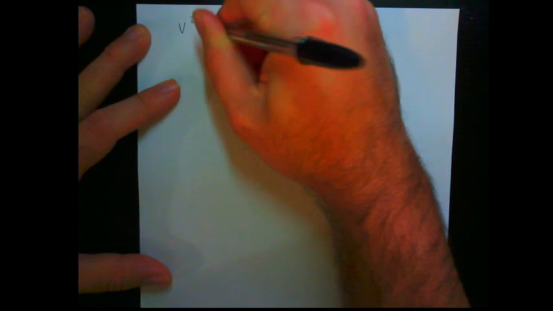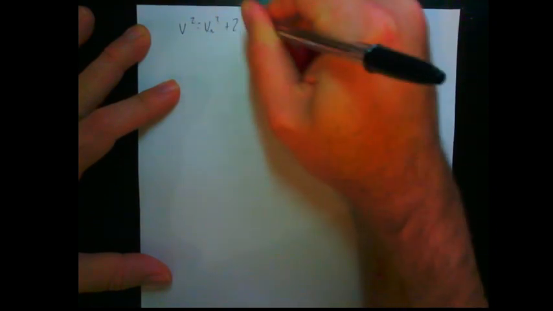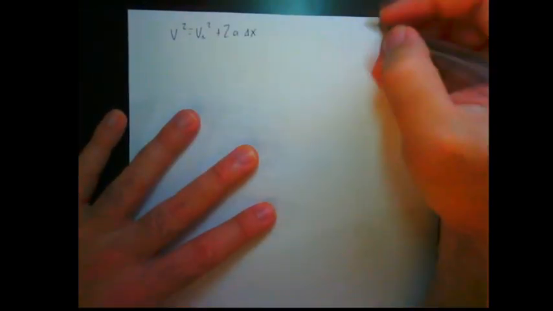To find this out, we'll need to use this formula. And this formula comes from us combining our basic acceleration formula with our basic velocity formula. So let's use this equation.